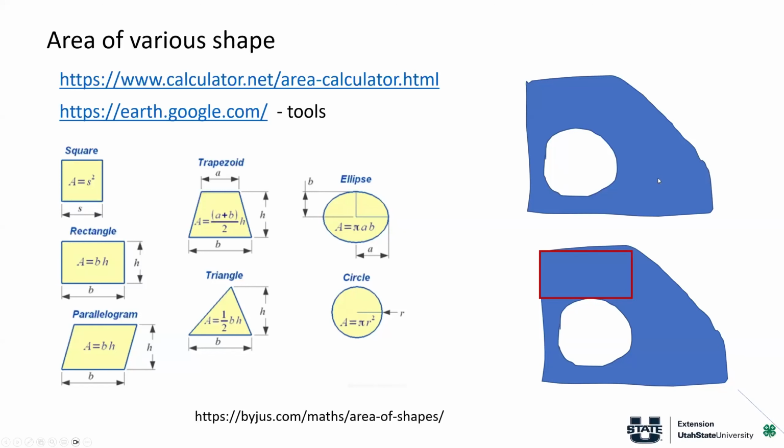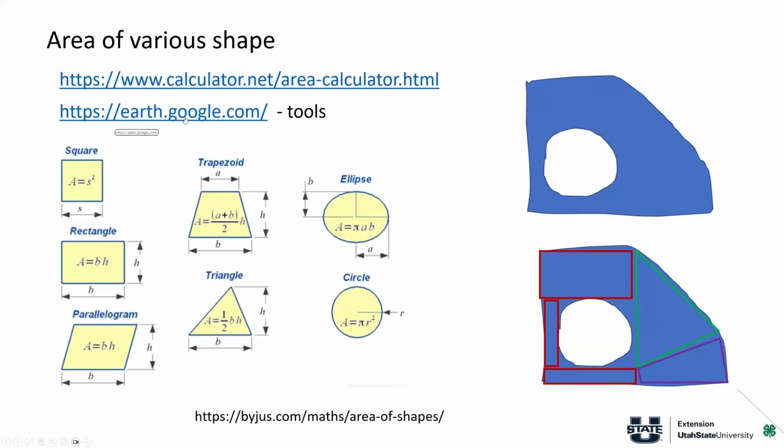What we need to do is divide it into different mathematical or geometric shapes. Now for this landscape, we have 1 square, 3 rectangles, 1 triangle, and 1 trapezoid. So we can calculate the area of each shape, add it up, and we'll get the area of the landscape.